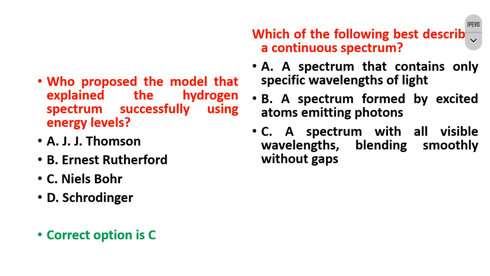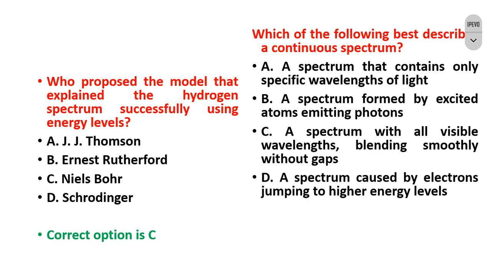C. A spectrum with all visible wavelengths blending smoothly without gaps. D. A spectrum caused by electrons jumping to higher energy levels. The correct option is C, a spectrum with all visible wavelengths blending smoothly without gaps. So for a continuous spectrum, there is no gap in between them.